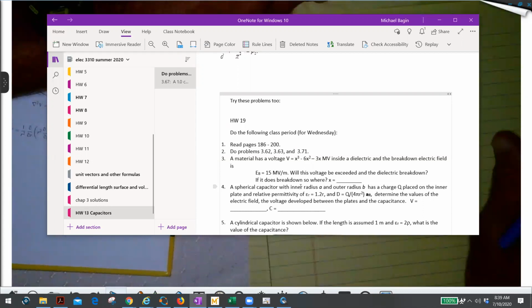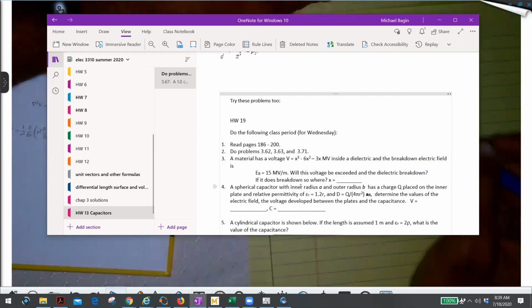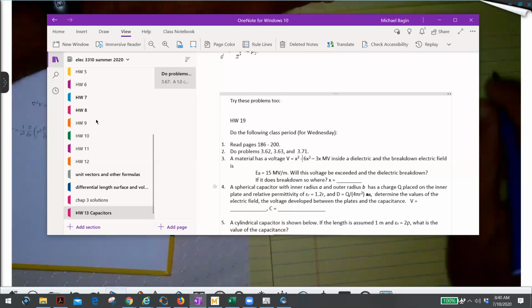All right, so a spherical capacitor, inner radius A, outer radius B, has a charge Q on the inner plate and permittivity epsilon relative 1.2 R. Determine the values of the electric field and the voltage developed. The only thing you really care about is that epsilon relative is 1.2 R. So let me go ahead and do this.